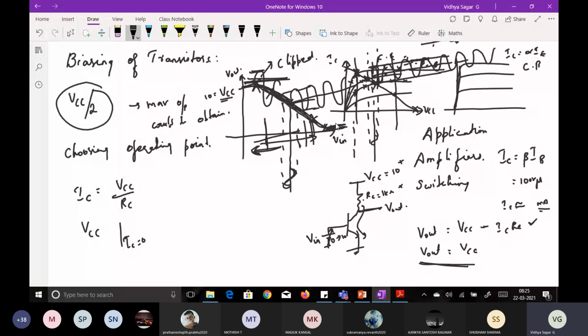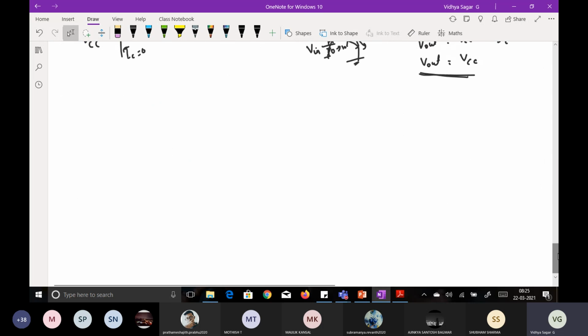Clear? So for that purpose, we are going to bias the transistor and fix your operating point. Biasing your transistor, there are different types of biasing, and we're going to see them. One of the biasing types is called fixed bias.